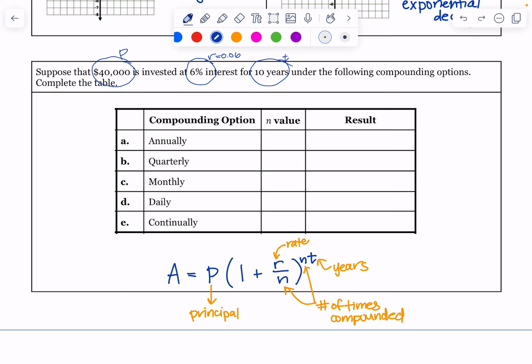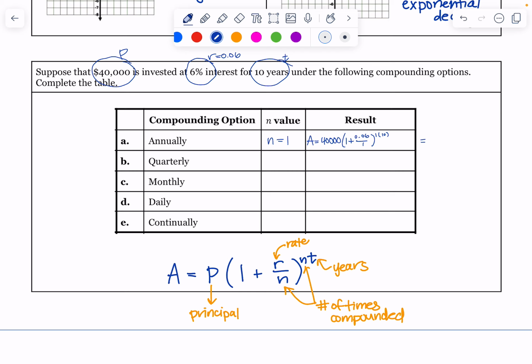So if we are considering interest annually, that means my N is going to equal 1. And so the formula that I'm going to use for that would be A equals 40,000 times (1 plus 0.06 over 1). And then my exponent is going to be 1 times 10, because 10 years.